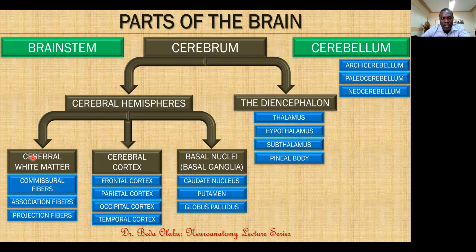The hemisphere consists of the white matter, the cortex, and basal ganglia, and we've also talked about them. Cerebellum consisting of those three functional lobes, and we've also talked about them. So today we look at the brainstem. The brainstem has three key parts. We have the midbrain, pons, and medulla oblongata.